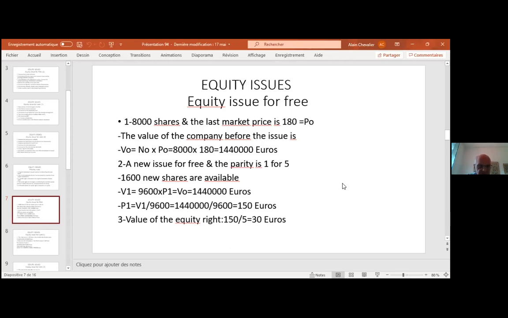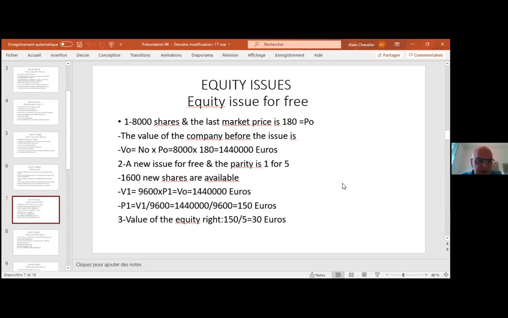That means that V0, which was 1,440,000 euros, is also the value after, at least if you calculate the market value taking into account only the elements included in the balance sheet, without integrating any consequence of a potential return on investment done with new cash, or any element coming from the communication, from the signal itself.